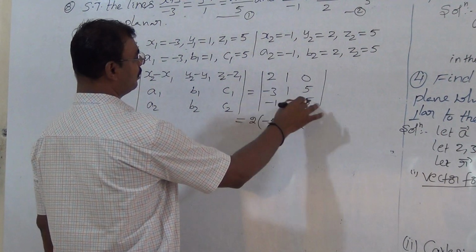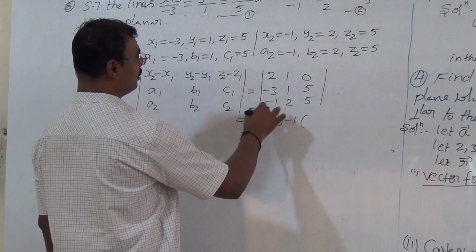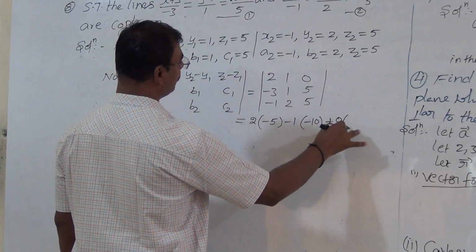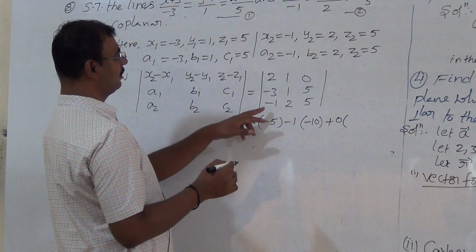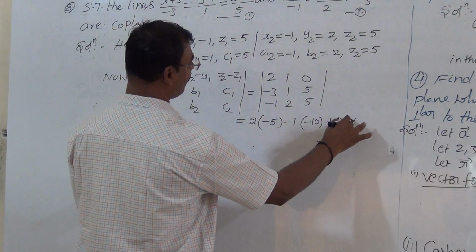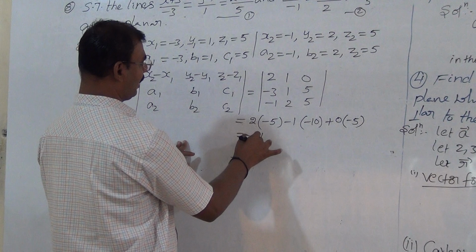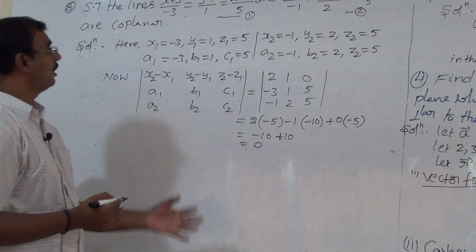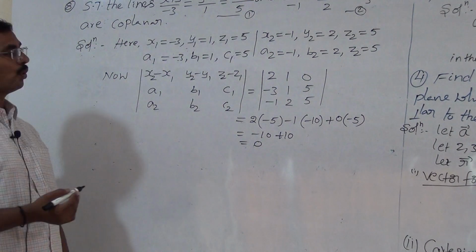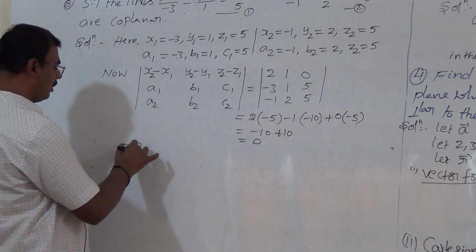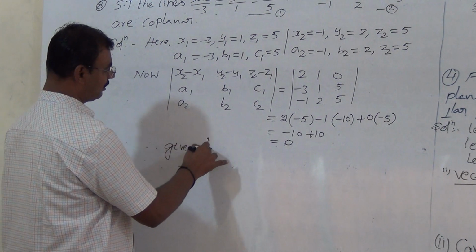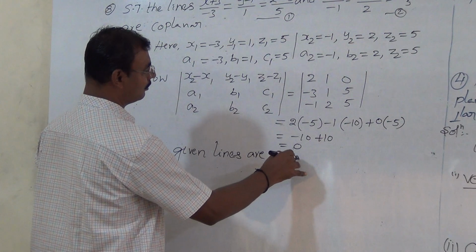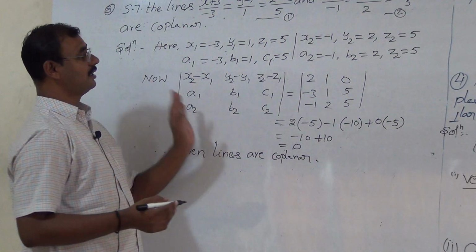Minus 1 into (minus 15 plus 5), that is minus 10. Plus 0 into (minus 6 plus 1), that is minus 5. So this is equal to minus 10 plus 10, which is 0. Therefore, the lines are coplanar. Very simple. Therefore, the given lines are coplanar.